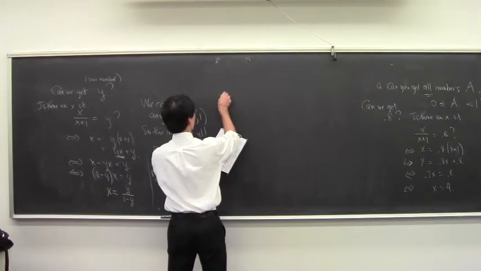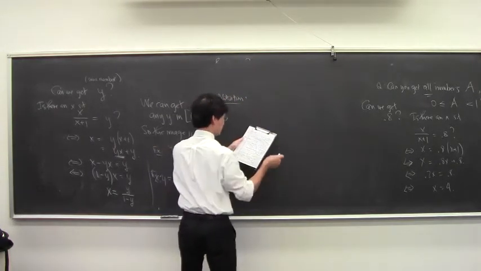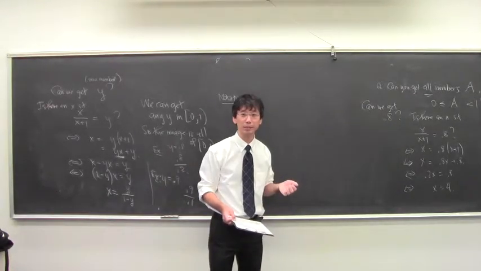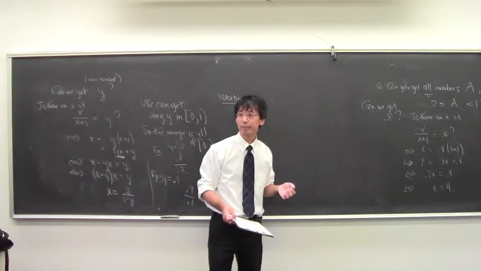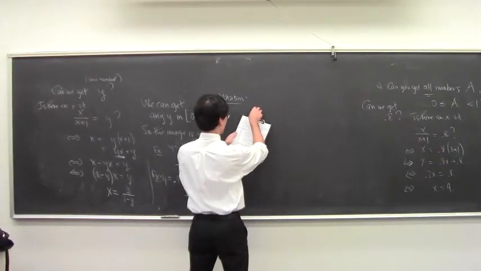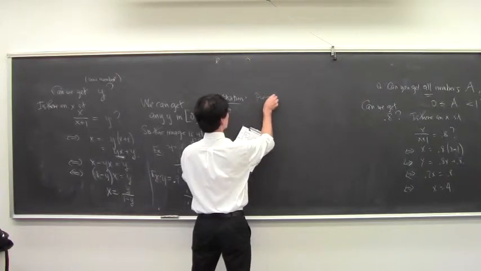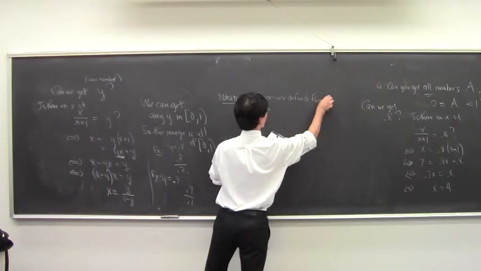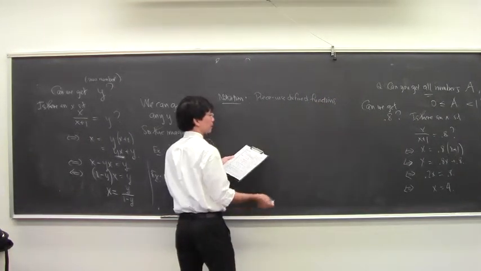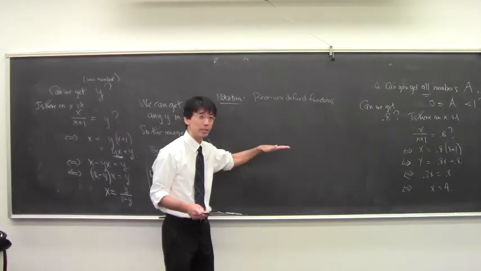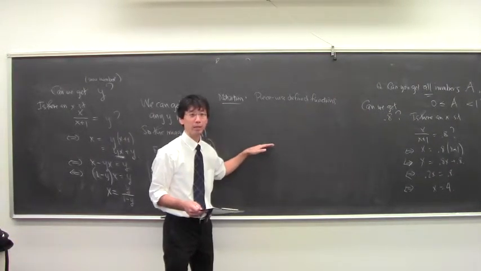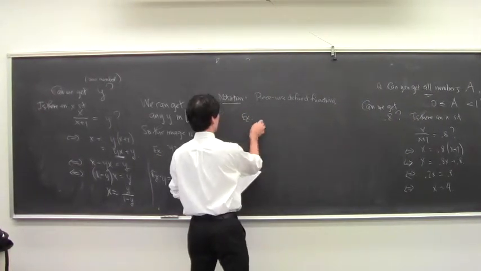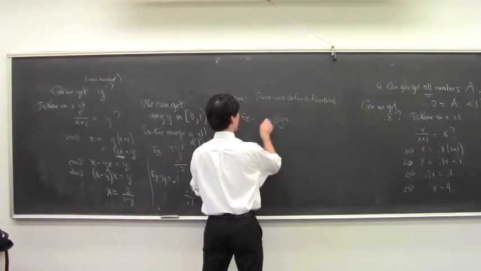Okay, a little bit more notation. Any other questions on the image? The difference between image and range. Okay. There are things called piecewise-defined functions. These are functions where, on each different piece of their domain, they have a different definition. Here's an example: the signum function.